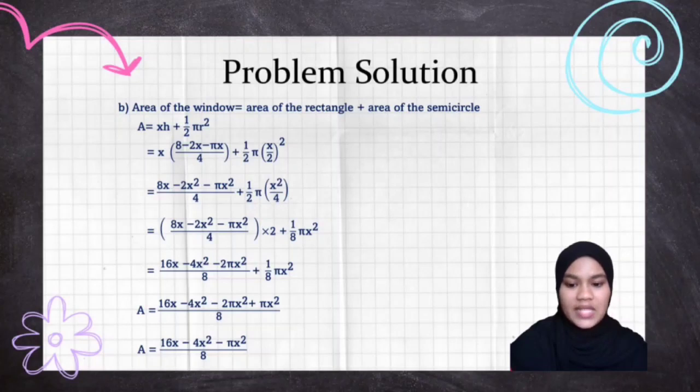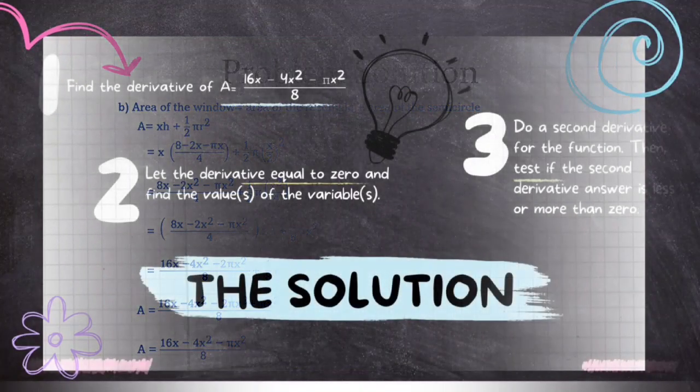Then we got A equal to 16x minus 4x squared minus 2 pi x squared plus pi x squared over 8. Lastly, we got A equal to 16x minus 4x squared minus pi x squared over 8.